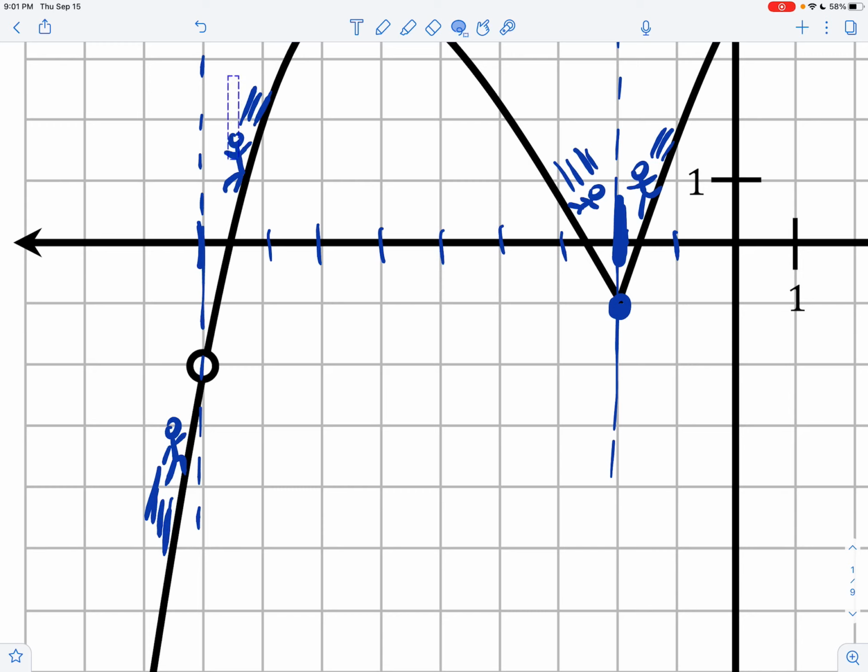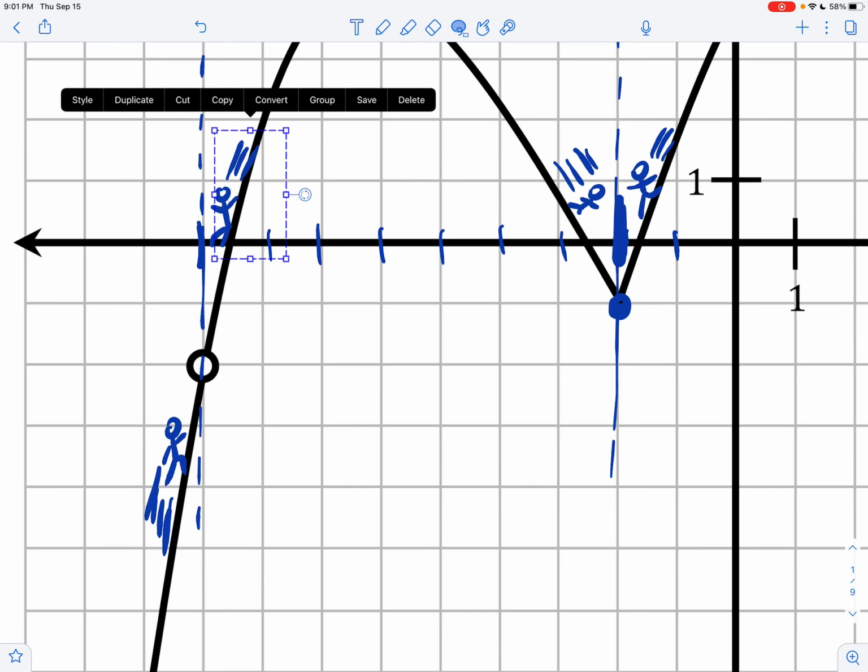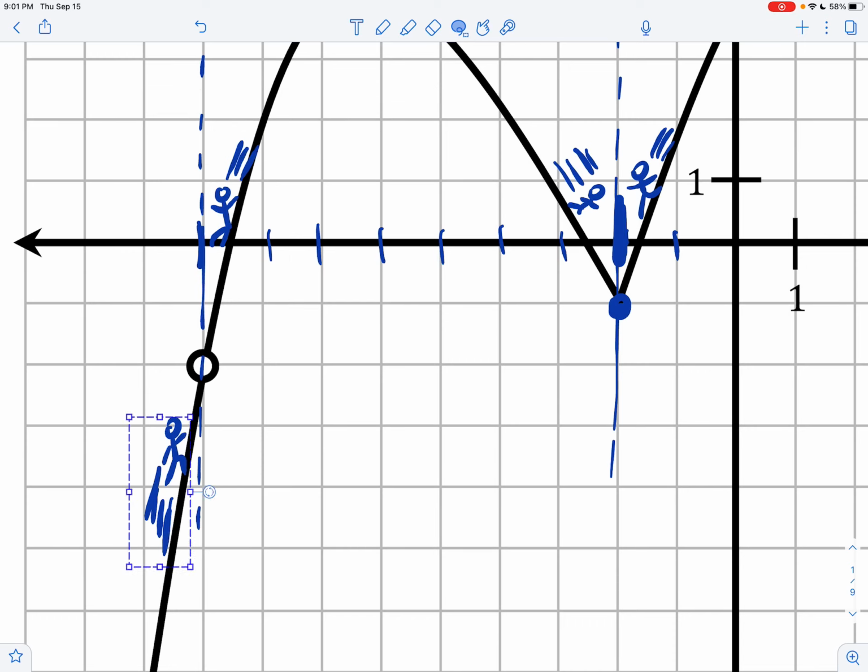This person up here looks like they're sliding down, and when they hit an x value of -9, they're getting really close to a y value of -2. Similarly, this guy is climbing up, struggling real hard, but getting really close to a y value of -2.